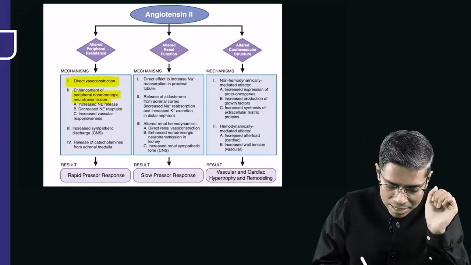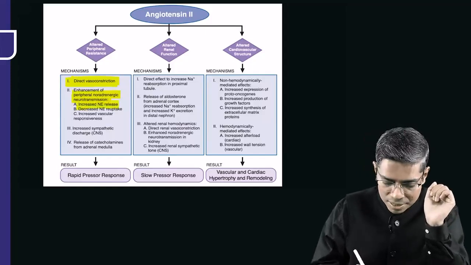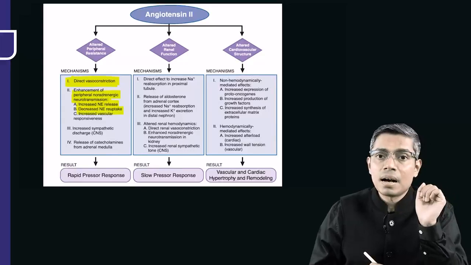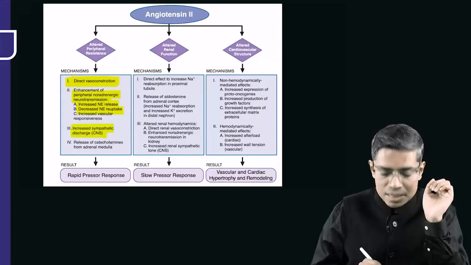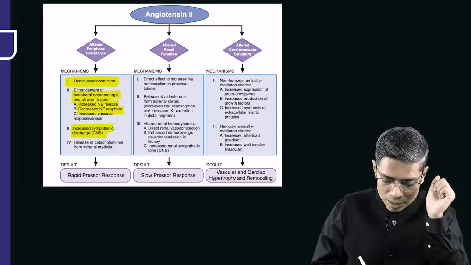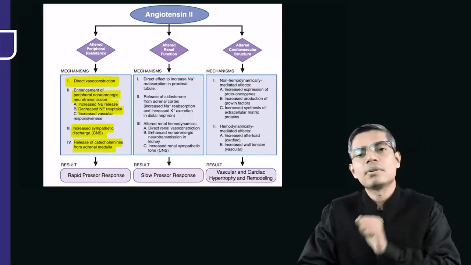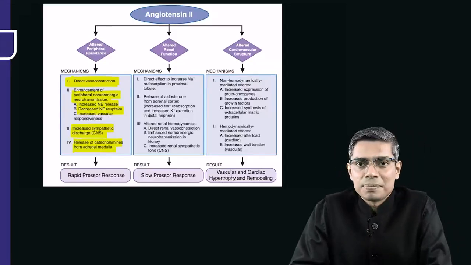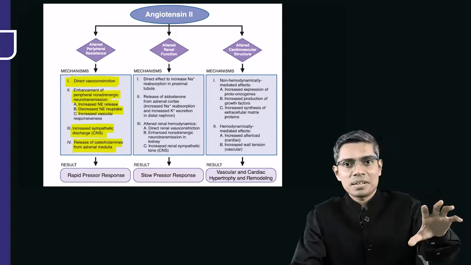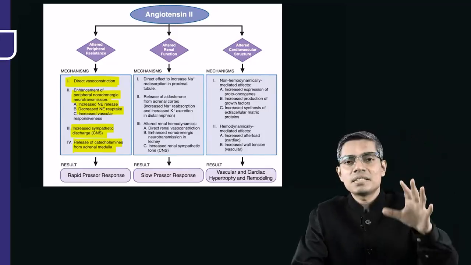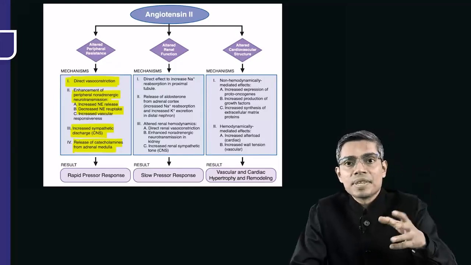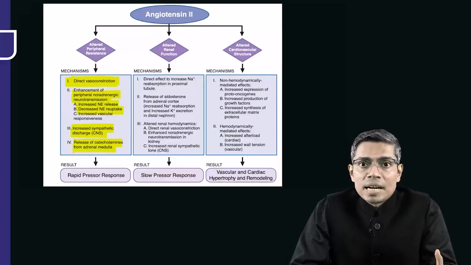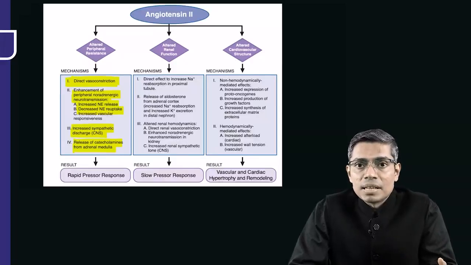That means it increases norepinephrine release and decreases norepinephrine uptake. Not only that, it also causes increased sympathetic discharge from the CNS, and release of catecholamines from the adrenal medulla. So not only the vasoconstrictor effect, it stimulates the sympathetic system directly from the CNS. It releases epinephrine and norepinephrine from the adrenal medulla. All of these are done by angiotensin II.